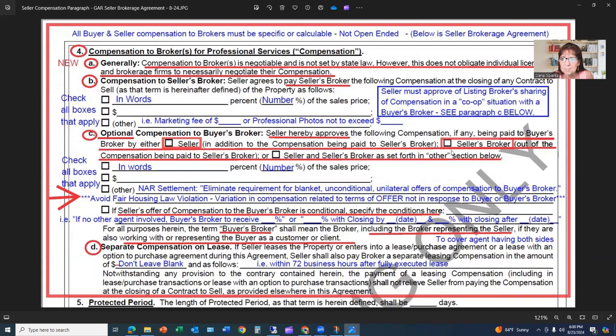This next checkbox, Seller's broker out of that money being paid, that's what we have done as a co-op. That's what we talk about as a co-op fee, a co-op arrangement, co-op compensation, co-op commission.